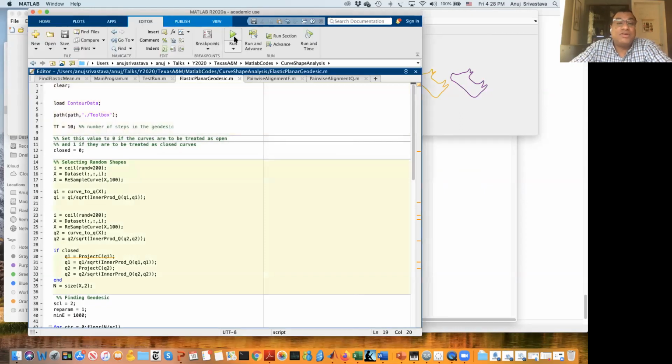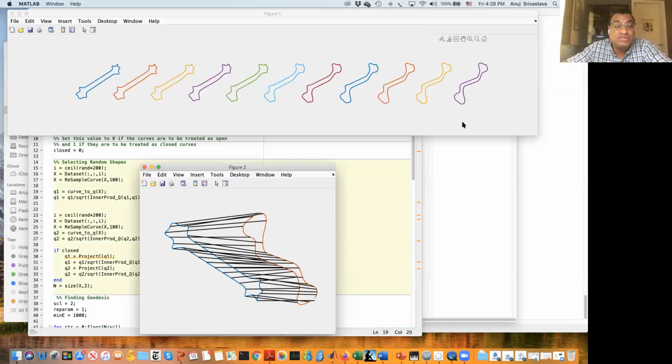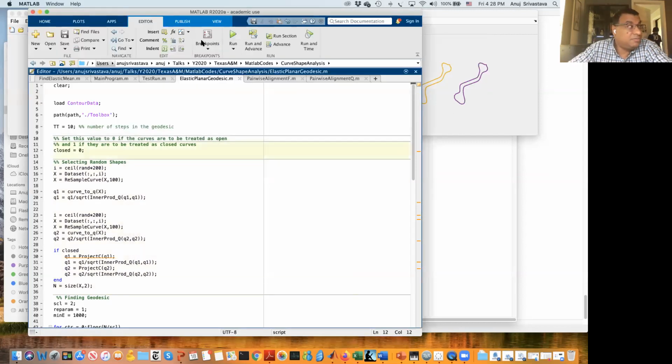And every time you run it, it randomly picks up 2 shapes. And you will see that registration is very natural, it's very non-linear, and the deformation between the 2 shapes is very natural. It also gives you a distance between the 2 registrations, and it computes the best alignment.